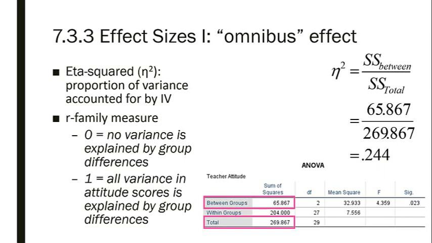But what that means is that 24.4% of the variance in this data set, almost a quarter of the variance in teacher attitude scores, can be explained by the group differences, the groups that the teachers were assigned to.